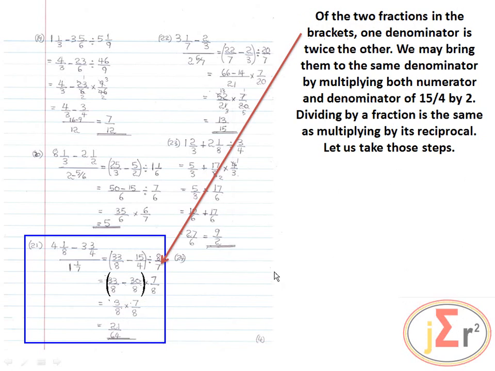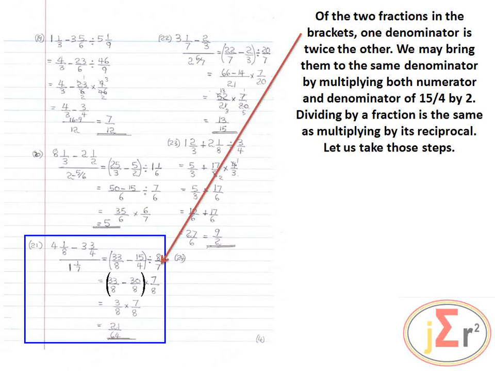Of the 2 fractions in the brackets, one denominator is twice the other, 8 and 4. We may bring them to the same denominator by multiplying both denominator and numerator by 2. So 15 over 4 is the one that we will adjust. So we will multiply the 15 over 4, the denominator by 2 and the numerator by 2.